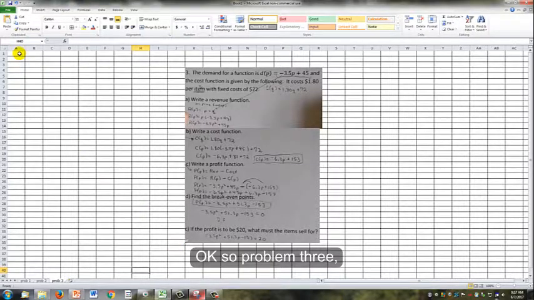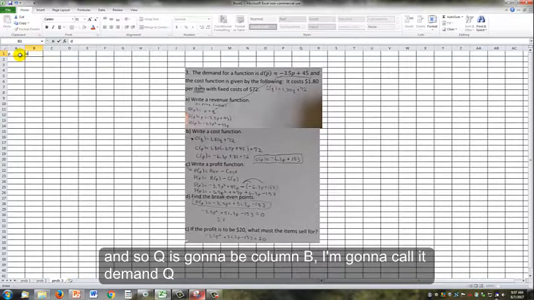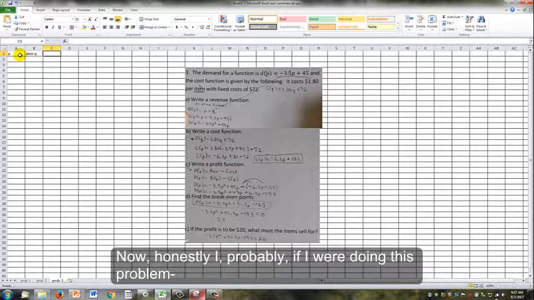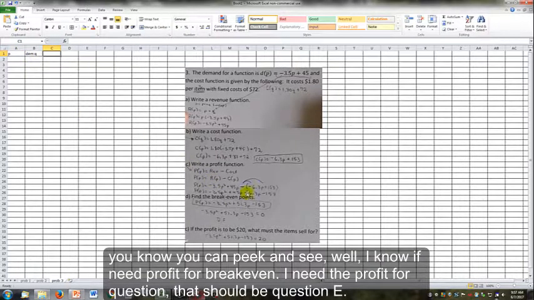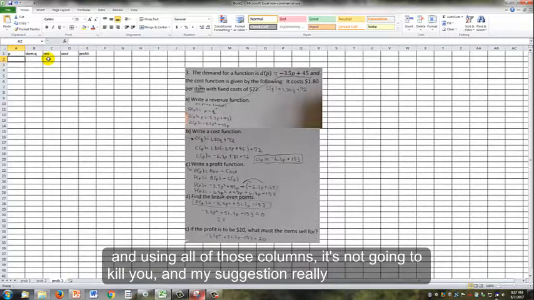Okay, so problem 3, starting out, P is our independent variable, and so Q is going to be column B. I'm going to call it demand Q. Now honestly, if I were doing this problem, you can peek and see, well, I need profit for break even, I need profit for question, this should be question E. But if you go ahead and get in the habit of typing in revenue and cost and profit, and using all of those columns, it's not going to kill you.